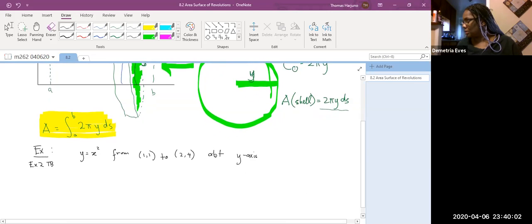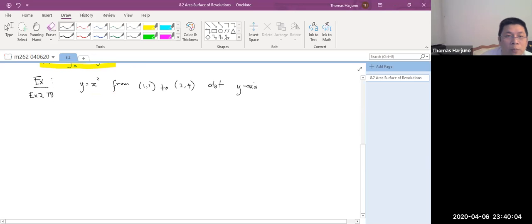If we rotate that about the y-axis, then what will happen? Okay, so let's see first.